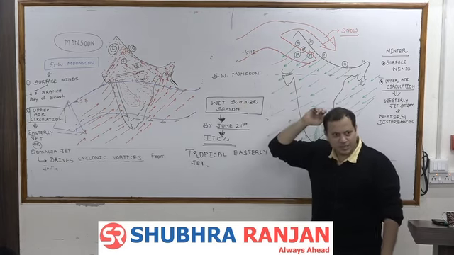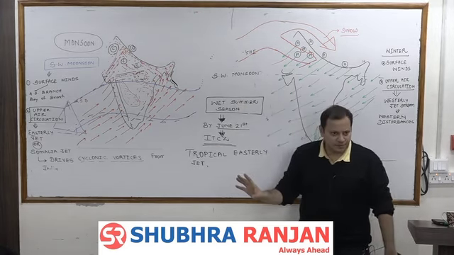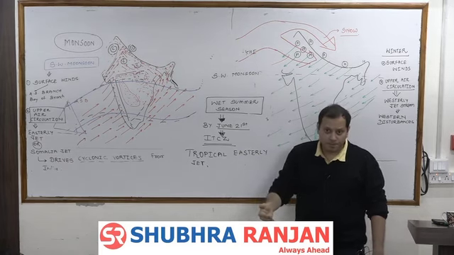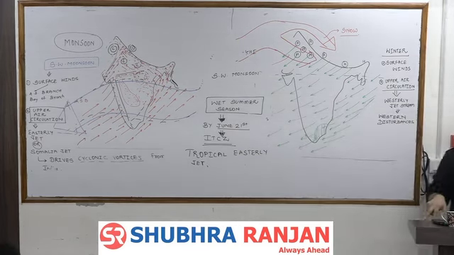For Mains, go and see any past year question. Monsoon as much as we have written is more than enough, because you don't have that much scope. Too much knowledge should be translated into 200 words in the paper.